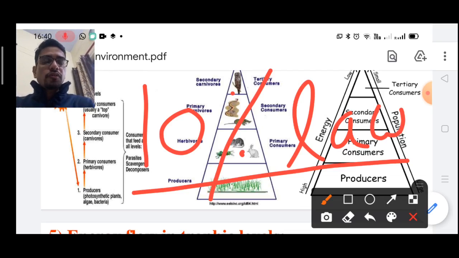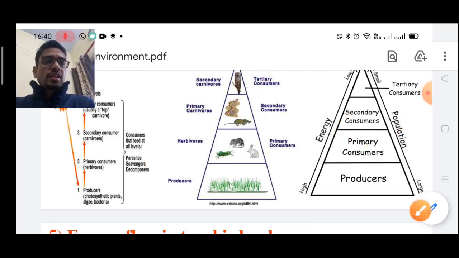The rest, 90% of the energy, is lost to the environment. For example, if herbivores eat plants, then only 10% of the food energy will actually be transferred to the herbivores. Then in the next trophic level, 10% of the energy is transferred.